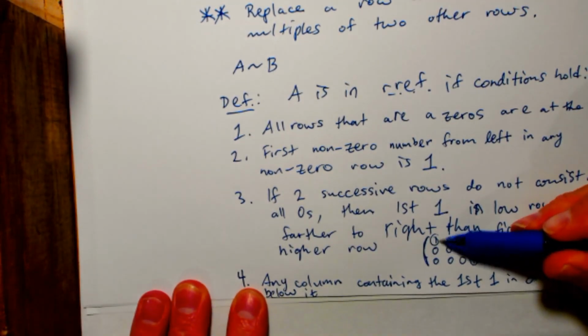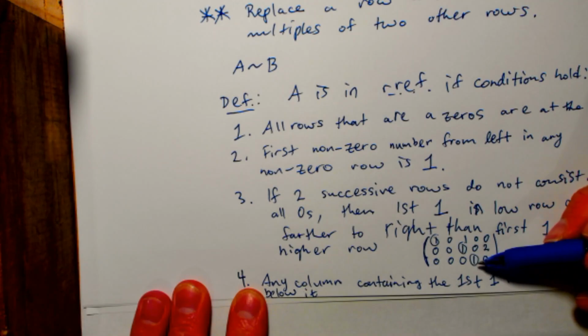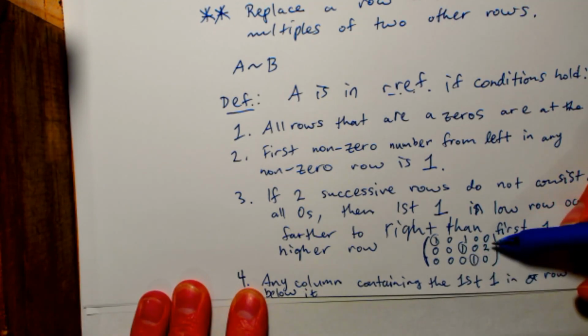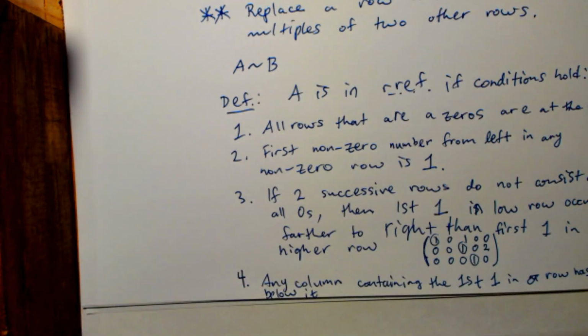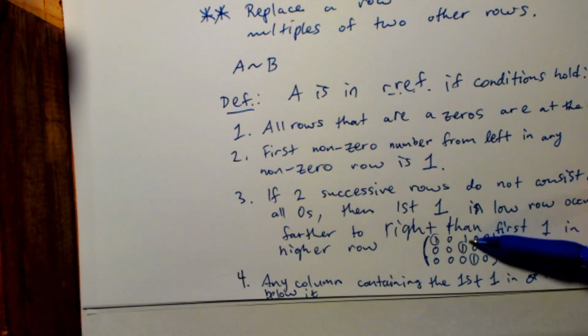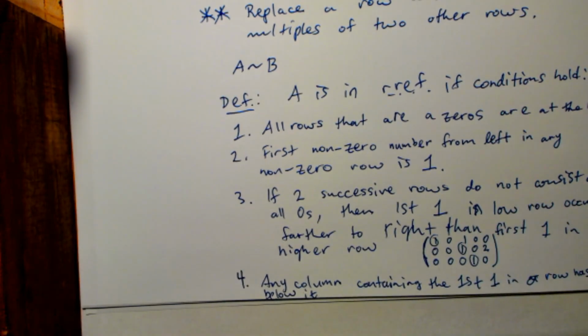Okay, so we need to have zeros below the pivots. Alright, and you can even go so far as to have zeros above your pivots as well. But that's a little bit more than row reduced echelon form, if I remember my definitions correctly.